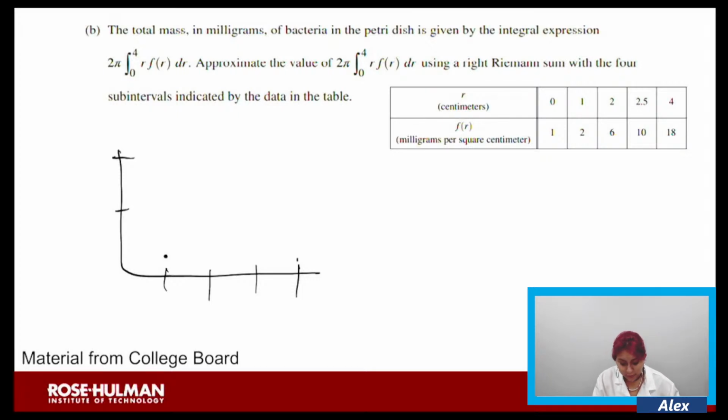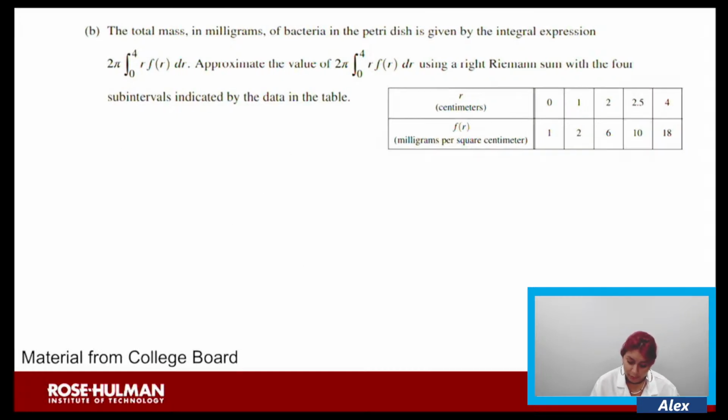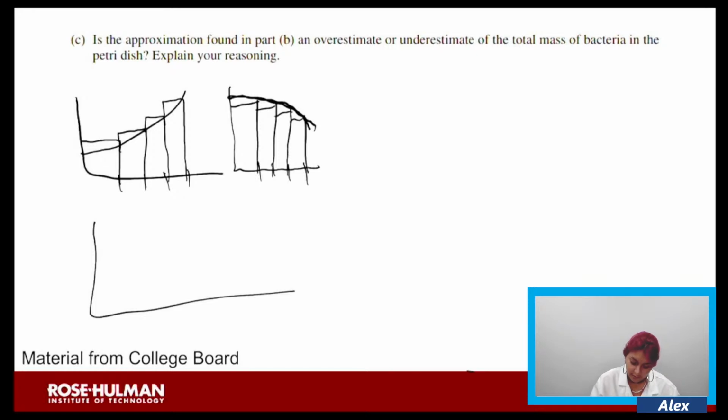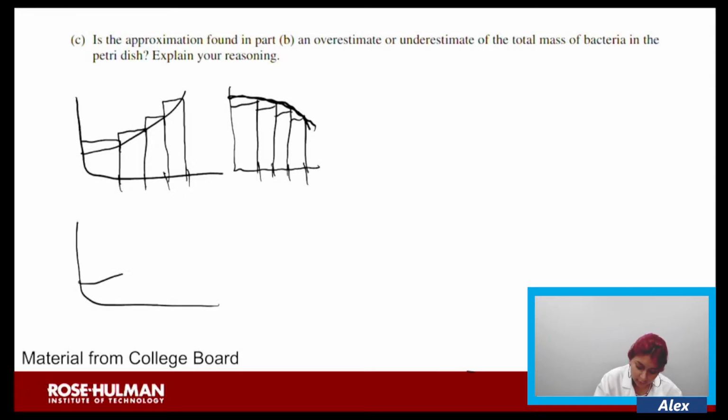This one will be 2, this one will be 6, 10, and then 18. And we have our curve going like this. So this curve is a little bit more representative of the curve that we have in this example. Let's do this as a representation.